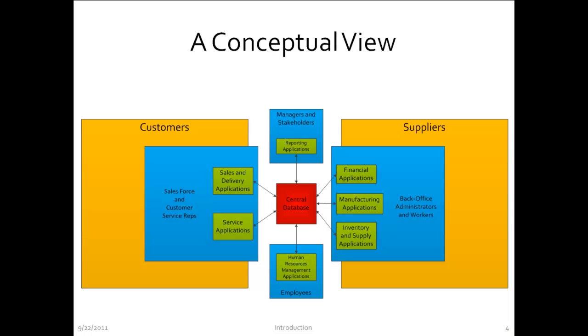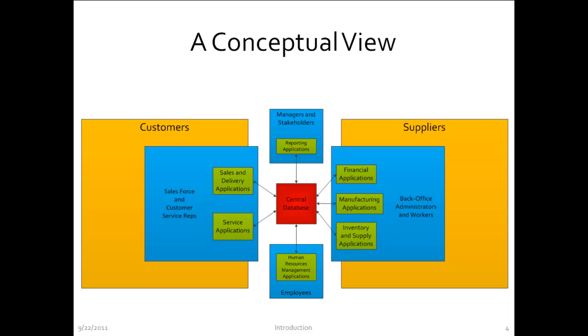Ultimately, all these applications serve some aspect of the company, so there's a connection or relationship among these applications as well. This relationship might typically be of two kinds. The first kind is around shared data. One application, such as the sales and delivery application, will have a notion of a customer.